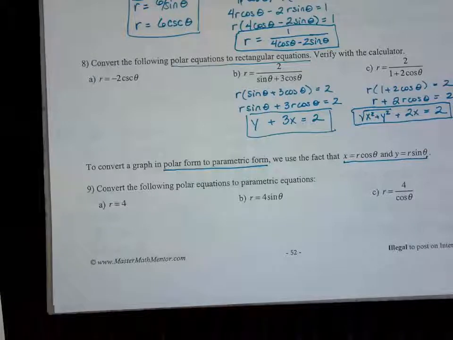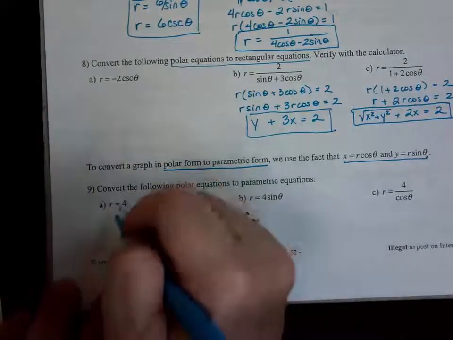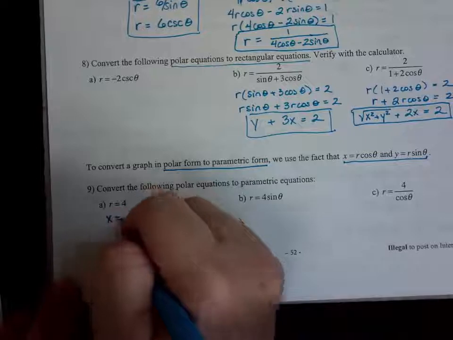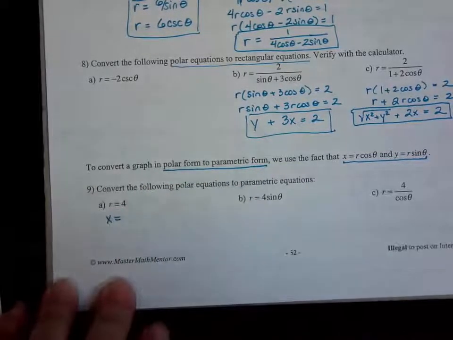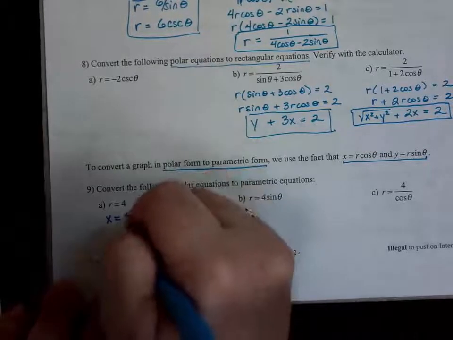So in this instance, instead of getting rid of both r and theta, we're getting rid of just r. Okay? So what we do is we write down x equals r cosine theta. But what does this problem say that r is? 4. So 4 cosine theta.